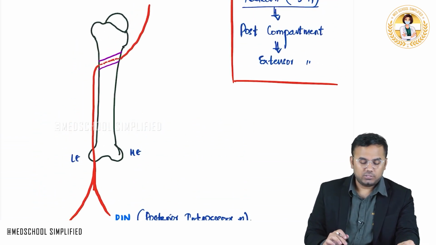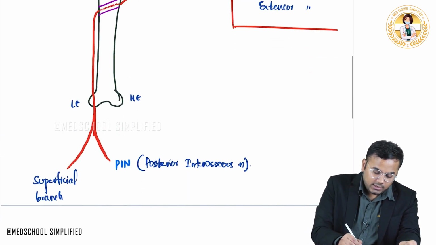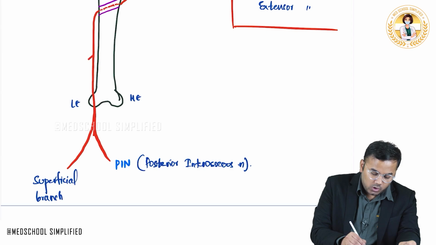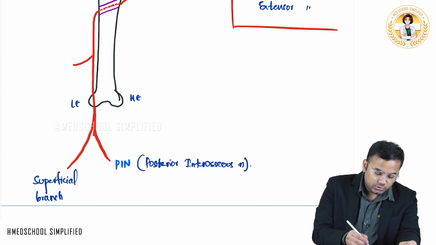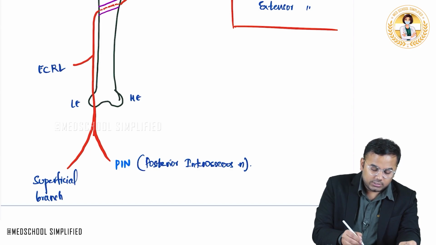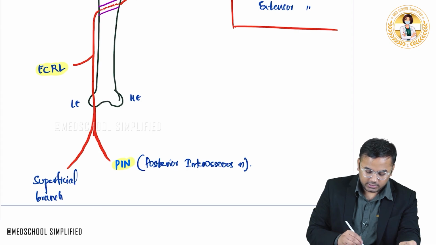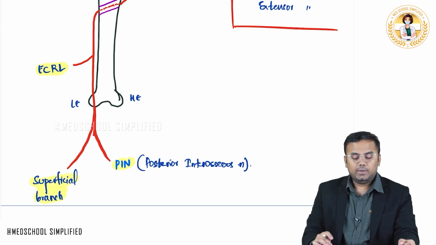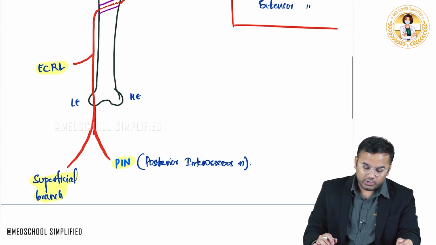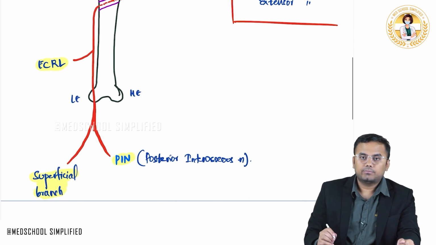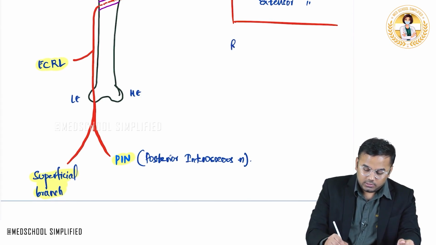Apart from this, one very important thing you need to know is that the radial nerve gives one small branch, and that supplies a muscle called extensor carpi radialis longus. So a very important thing you need to know. For example, this is the radial nerve.